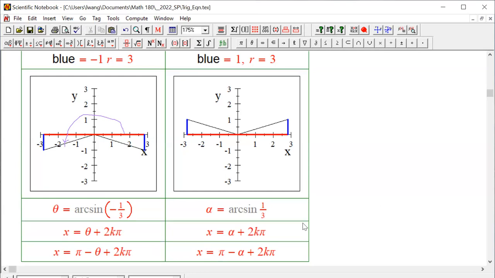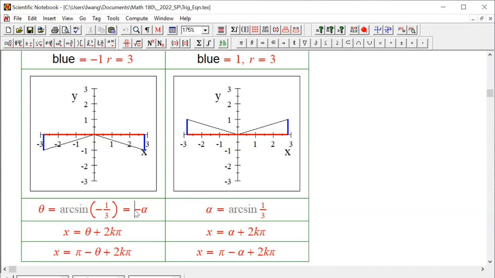Now the question is, you have an alpha and theta. Is it necessary to have two? I would say it's not necessary, so we want to combine them. This is a negative alpha.